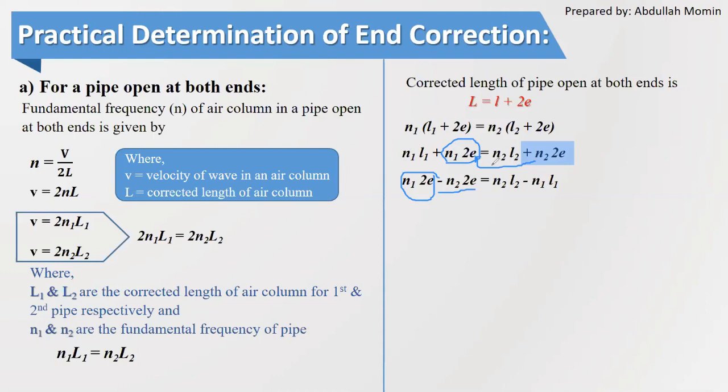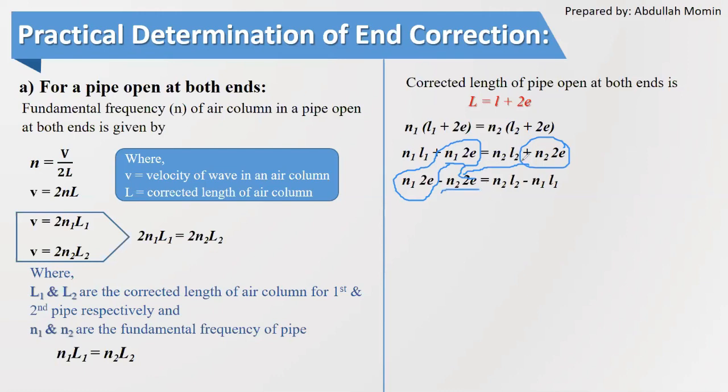Similarly, this N2 L2 can be written as it is, but this term N1 L1 comes to the other side of the equal sign, and it is written with a minus sign. So we are getting N1 2E as it is, but N2 2E coming to the other side of the equal sign becomes minus N2 2E.